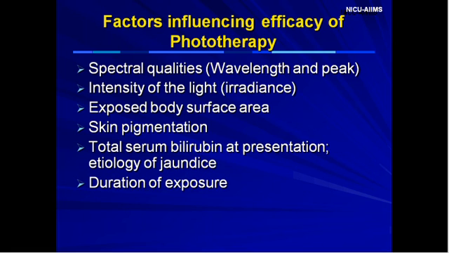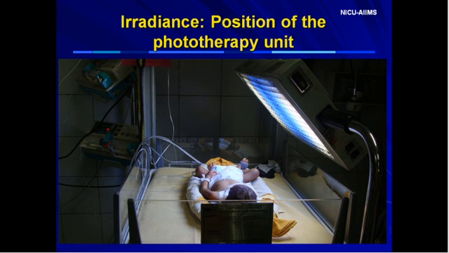We shall discuss the spectral quality of light, intensity of light, that is irradiance, and the exposed body surface area a little more in detail. The irradiance, in addition, is dependent on the distance between the baby and the lights. The relationship is related to the inverse square law, that is, the intensity of light decreases with the square of the distance.